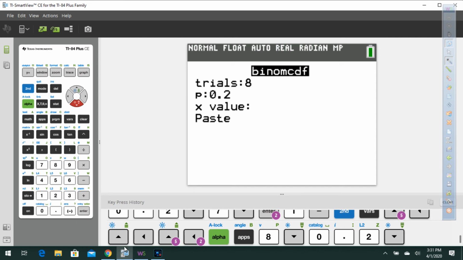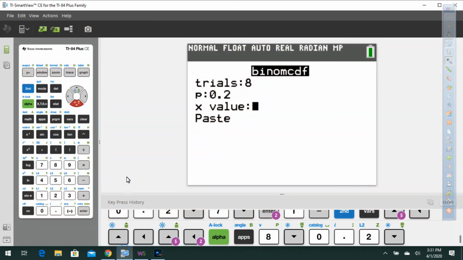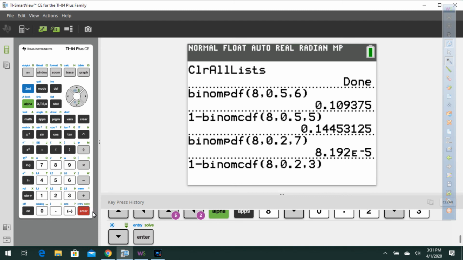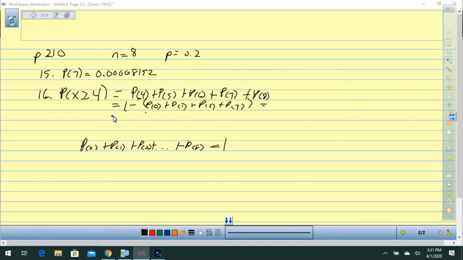For the X value, we've got 0, 1, 2, and 3, so we're going to put in 3 here and paste. And we get 0.563 equals 0.0563. And these answers should correspond with those that we got from the Inspire.